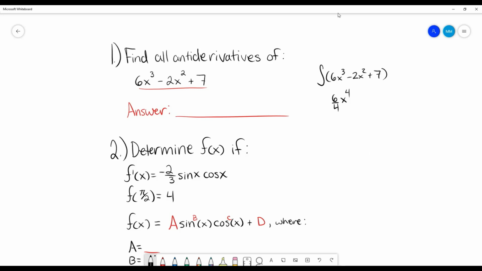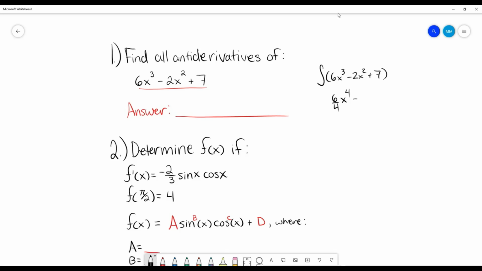And that might seem confusing, but we can always double check that, right? If I now took the derivative of this term, I would have a 4 times my 6/4 times x to the power of 4 minus 1, which is just power of 3. These 4's cancel, and it turns into a 6x cubed. So that's looking right. So that first term, the integral is just that.